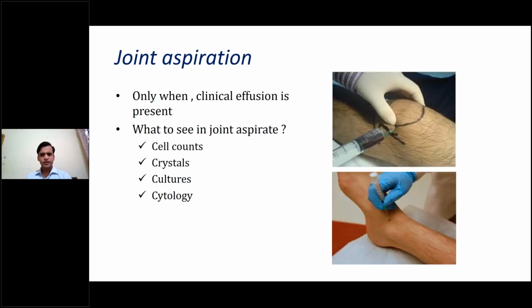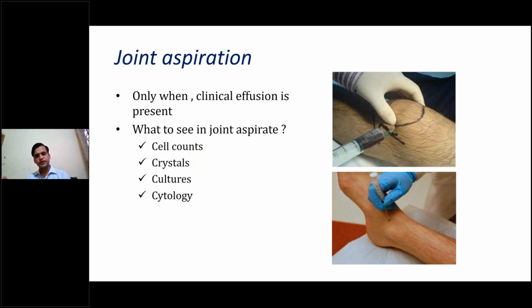So joint aspiration is one of the important diagnostic modalities to ascertain the diagnosis of any joint pain accompanied by effusion. Joint aspiration is done only when indicated and only when there is clinical effusion.